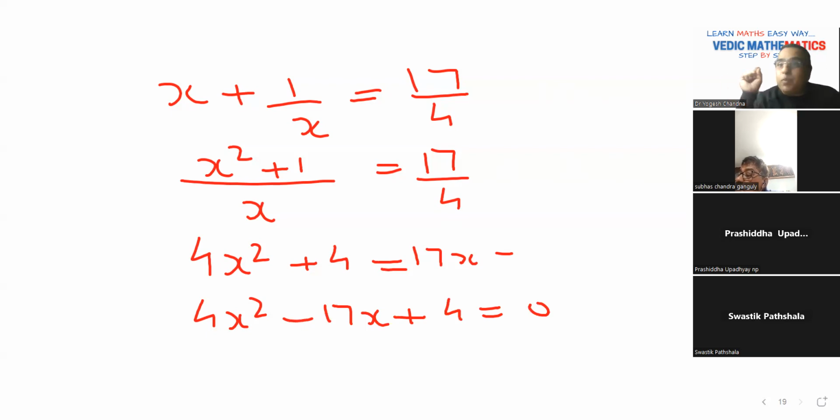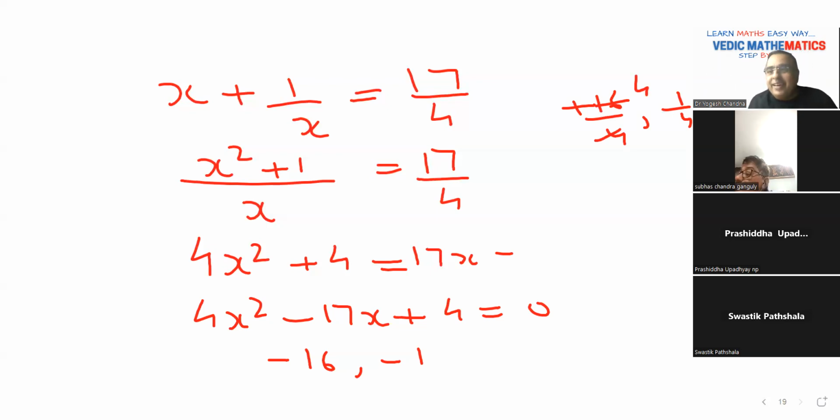Now the product is positive 16 and the sum is minus 17, that means you are adding 2 digits. So minus 16 and minus 1, just reverse the sign, plus 16 by 4 and 1 by 4. So that is 4 or 1 by 4.